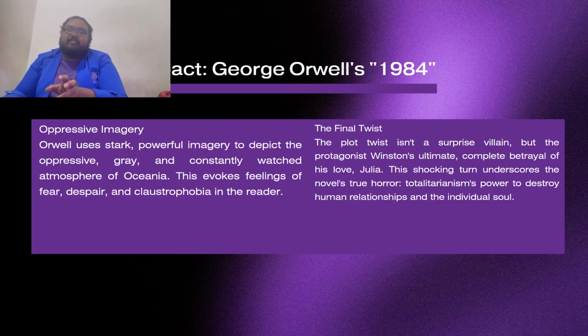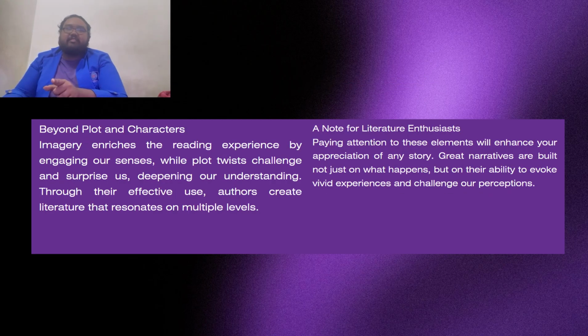The final plot twist isn't a surprise about the protagonist Winston, but his ultimate, complete betrayal of his love, Julia. This shocking turn underscores the novel's true horror, totalitarianism's power to destroy human relationships and the individual soul.